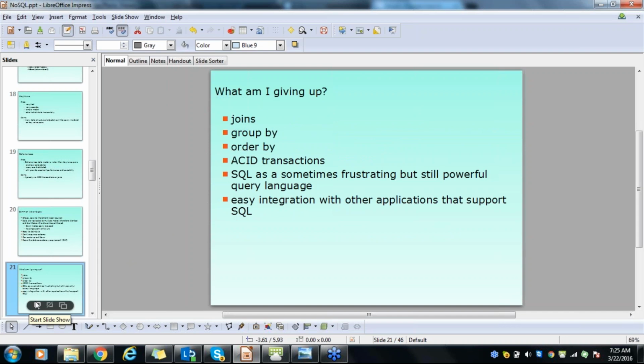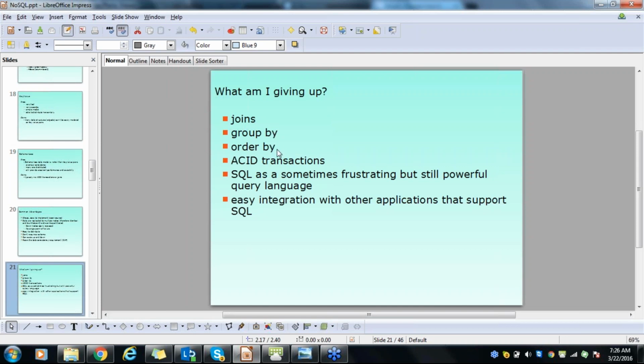Now, what am I losing because of these NoSQL databases? The concept of joins, and then grouping by, say, employee ID. As there is no primary key foreign key relationship kind of thing, you don't have a typical RDBMS system.